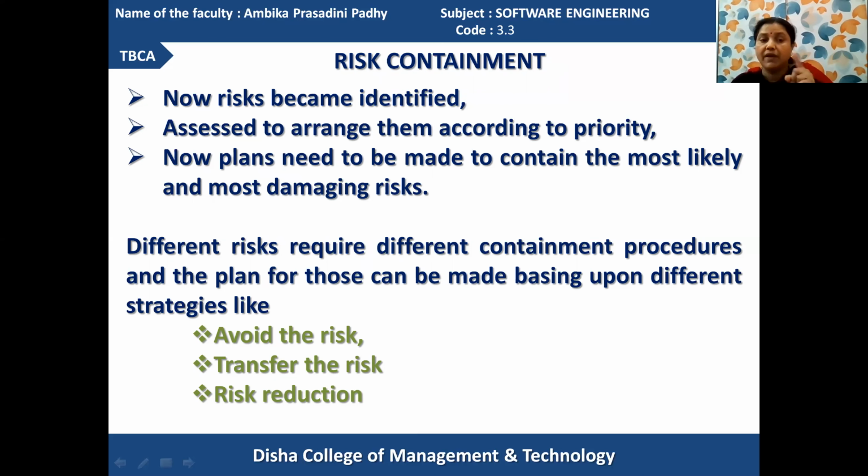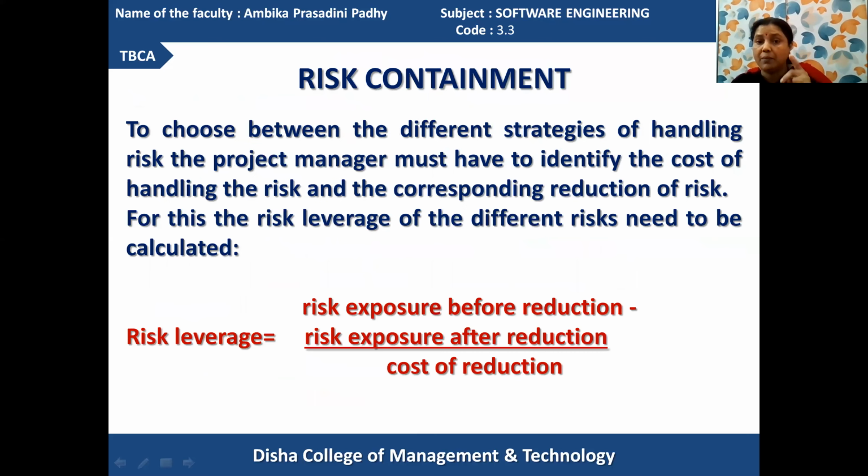Got it? And when the risk is being contained, it can be decided by doing the risk leverage calculation. If a particular risk is identified, then the risk exposure before reduction minus the risk exposure after reduction is calculated, and that is divided by the cost of reduction.